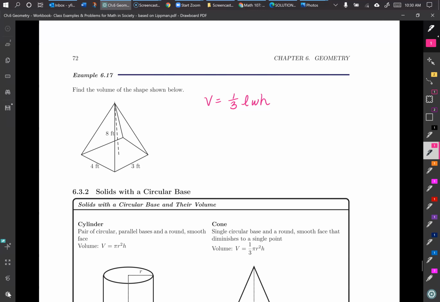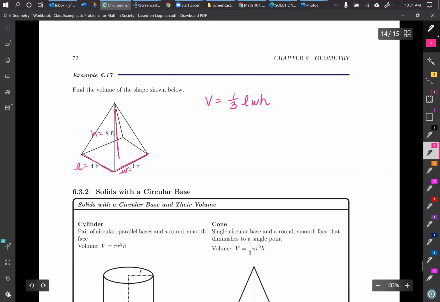So we're given all those dimensions. So this dashed line here, that's our height, is 8. And our length is 4. And our width is 3.